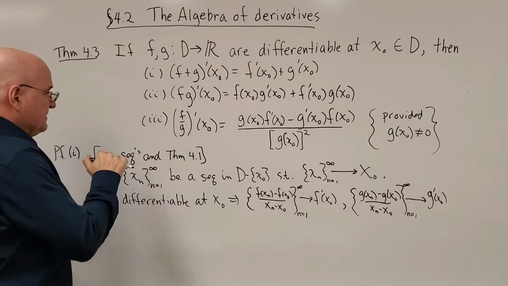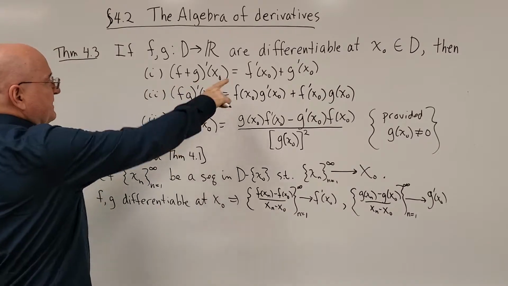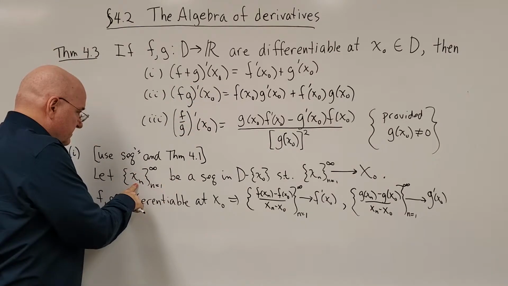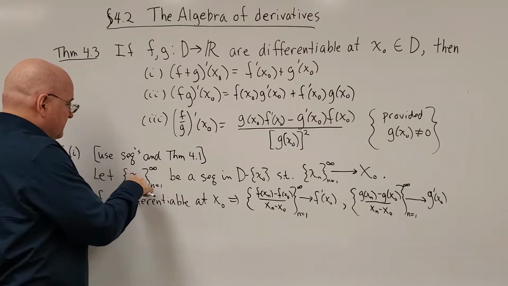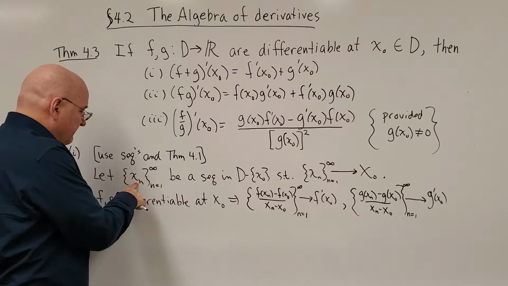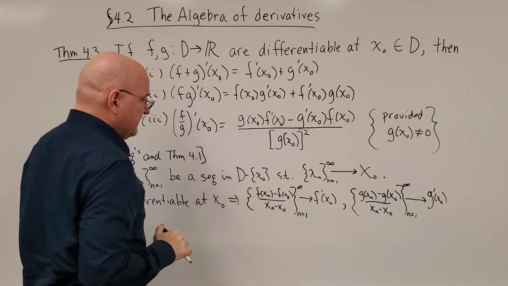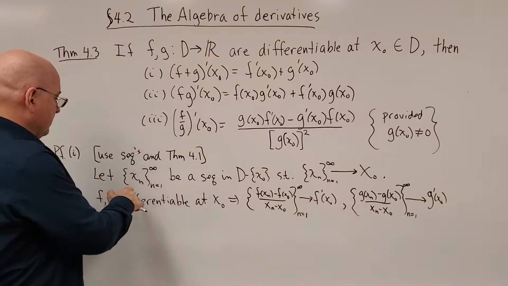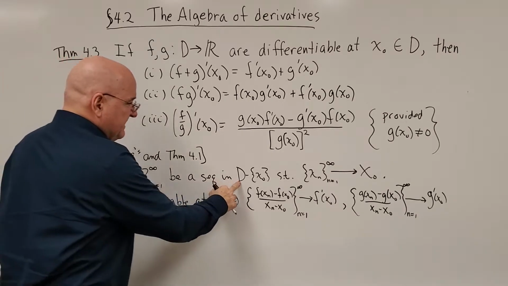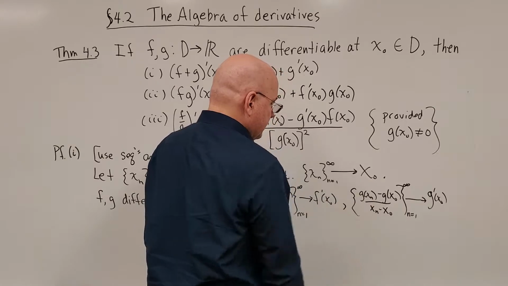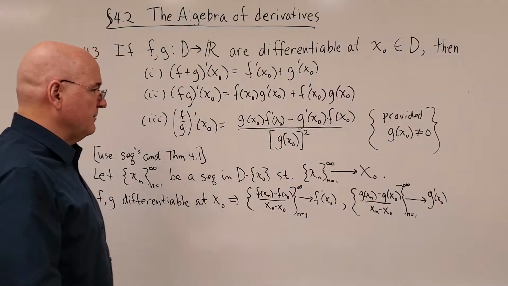In order to use sequences in this type of definition, we need to have a sequence xn such that all of the xn's come from the domain and they're not equal to x naught. So it's a sequence that is made up from D minus x naught, and it has to converge to x naught. Any arbitrary sequence.